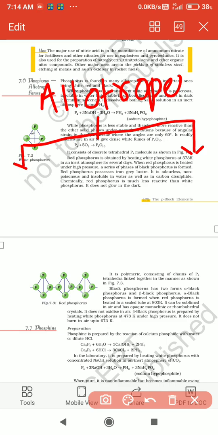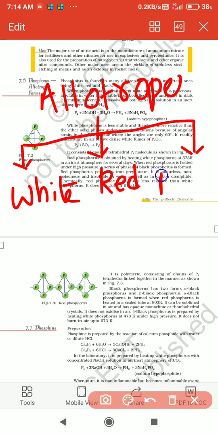The first one is white phosphorus, the second one is red phosphorus, and the third one is black phosphorus, right?